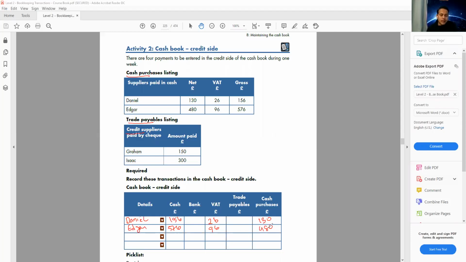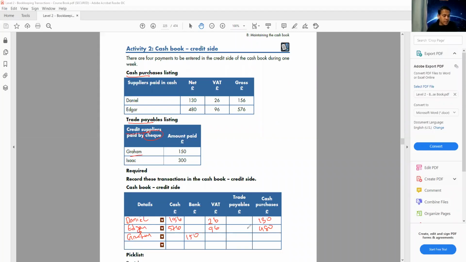The next one we have is trade payable, that is credit supplier. Graham, we paid Graham 150 by check. Which column am I going to write 150 in? We're going to write it in the bank column. Very well done.